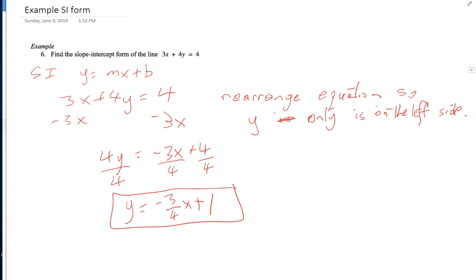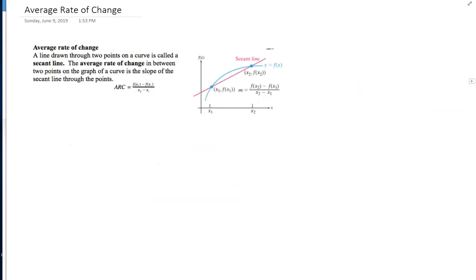The next thing we want to look at in this situation is something called average rate of change, right? So if we have a curve, y is equal to f of x, and we draw a line through that curve so that it cuts the curve at 2 points.